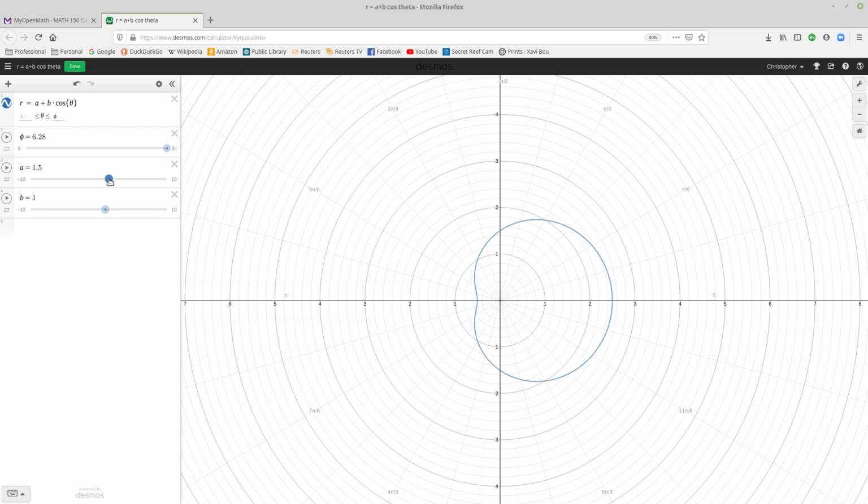So these are called cardioids. Now as I shrink A down smaller than 1, I can see a loop form. And what's going on there is that at a certain value of theta, we actually end up with negative values of R. So for example, when A is 1/2, what happens is that the cosine value is larger in magnitude than 1/2, but it happens to be negative.